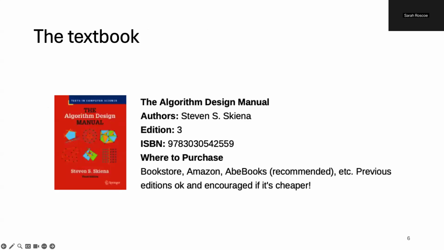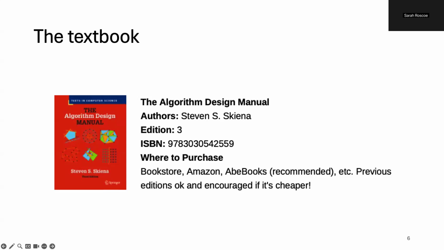The textbook for this class is The Algorithm Design Manual. It's available probably in the bookstore, also on Amazon. I recommend AbeBooks, my favorite site to buy textbooks and books in general, because it's generally cheap and fairly fast.